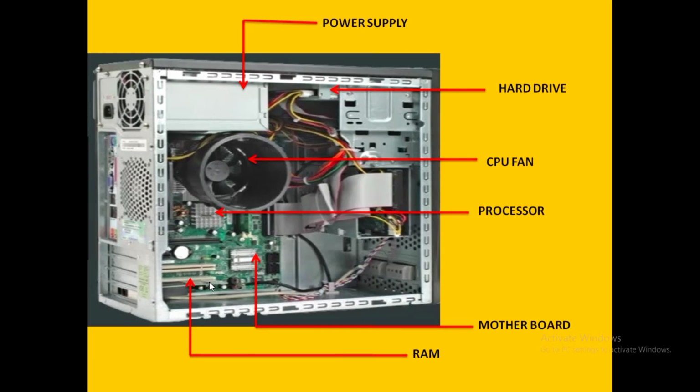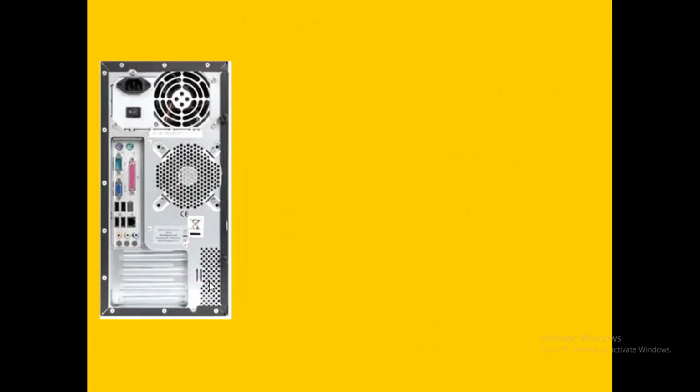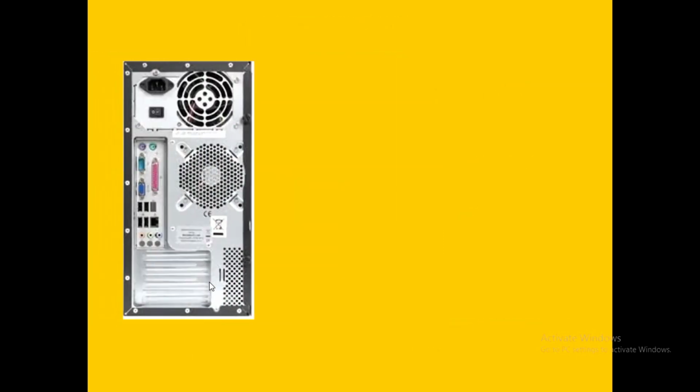Now we will see the back side of the CPU. This is the back side of the CPU, and here you can see all these connectors where we can connect different cables, and these are said to be ports. Students, I told you there is another fan. You can see here properly that this is another fan to keep the cabinet cool.